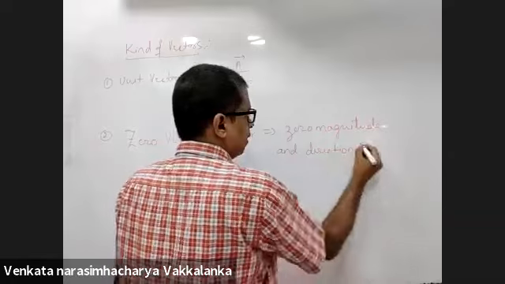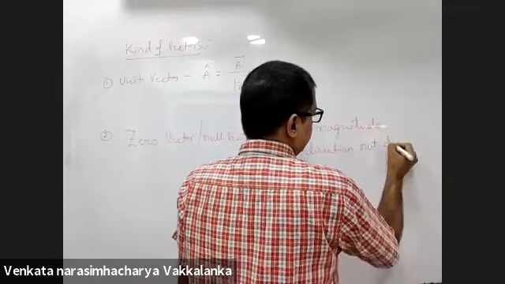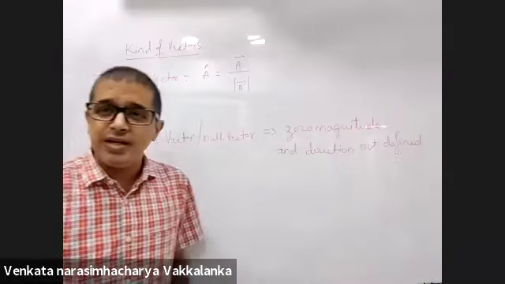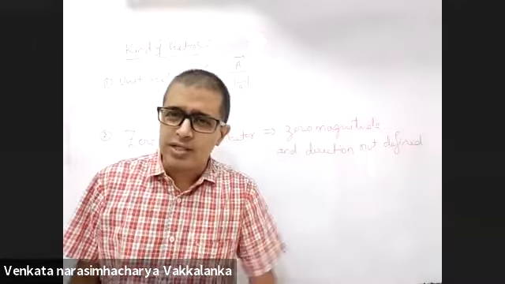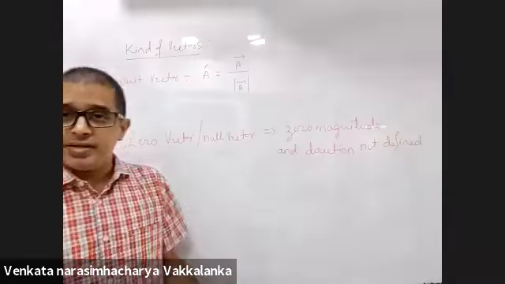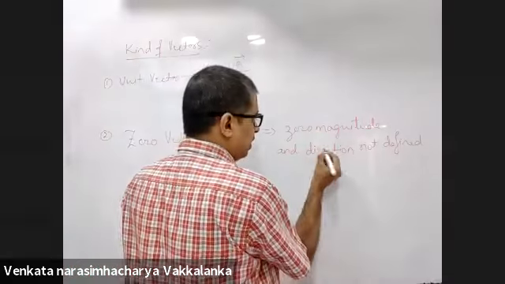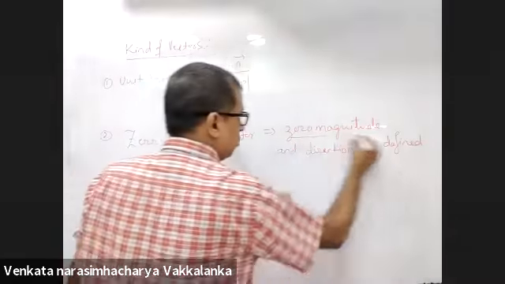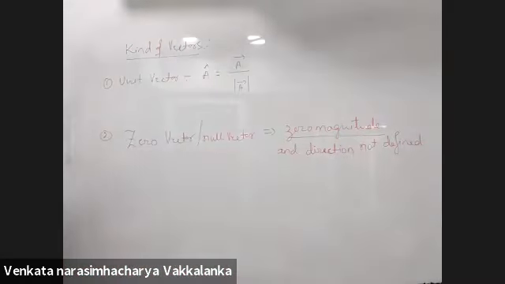Direction not defined. Why will you not define direction here? Zero force. What direction do you want me to give? It doesn't have a direction. So direction will not be defined in this case. Null vector has zero magnitude and direction not defined.